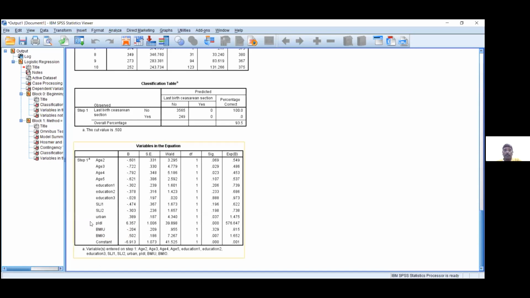Now, PLDL. See that this is a vague estimate because there are two categories. Place of delivery means public and private. Almost all in this data, the females reported place of delivery is private, not home or government hospital.